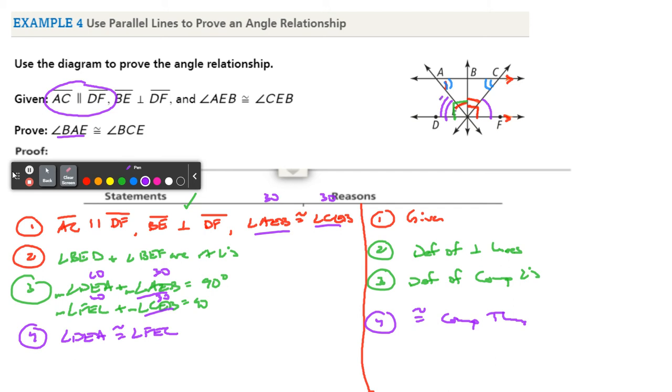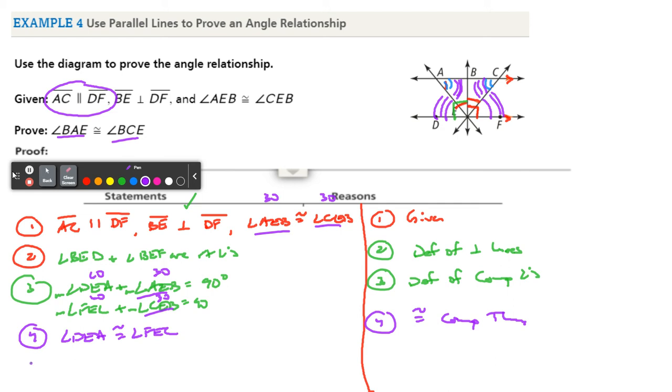I'm going to use 3 and 3. They're congruent. FEC, this angle here, is congruent to BCE, this angle here, because they're alternate interior angles. So I think that I can use alternate interior angles to prove what I want to prove.